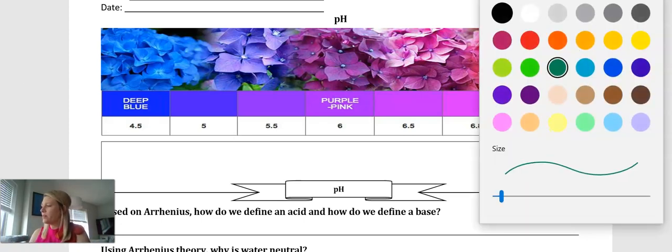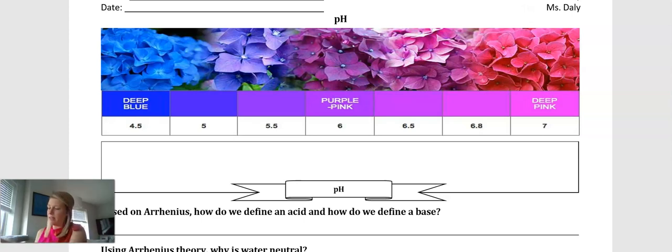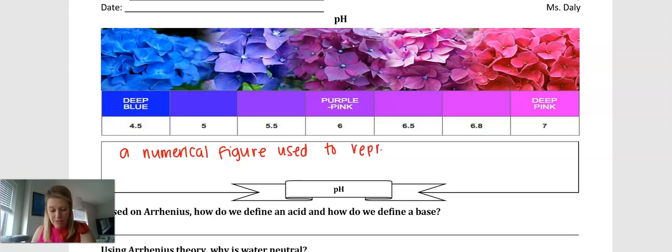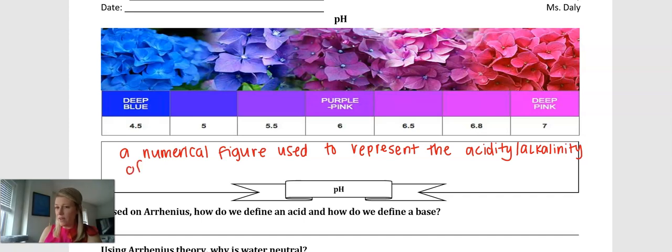The definition of pH is that it is a numerical figure that is used to represent the acidity, or, since we don't call it basicity for bases, the alkalinity, of a solution. pH literally stands for power of hydronium.